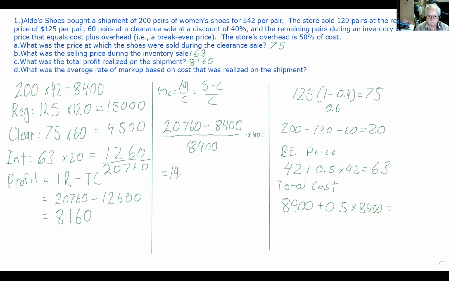So it's 147.142857%. And whatever number of decimal places they asked for, that's what we'd have to go to.